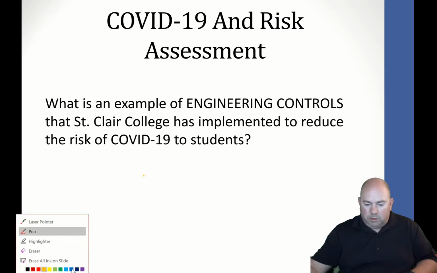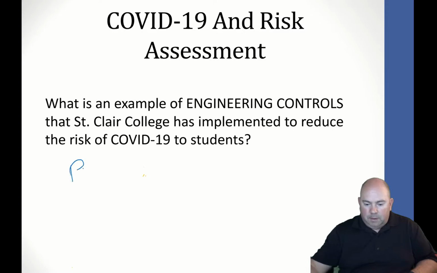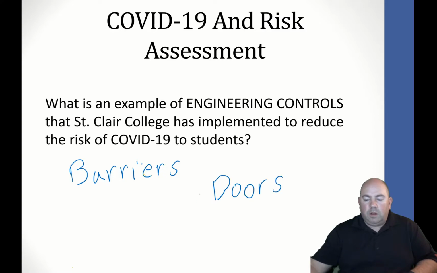Let's talk about barriers. On campus, there's only certain doors you're allowed in. So they are limiting access to the college. You can only go in through certain doors. That's basically creating a perimeter of controlled access.